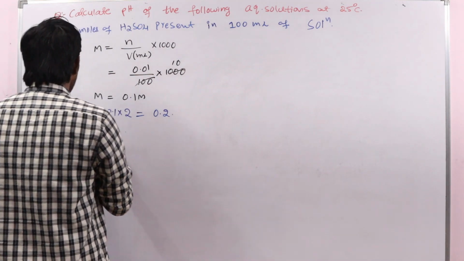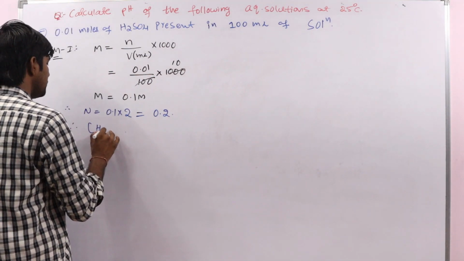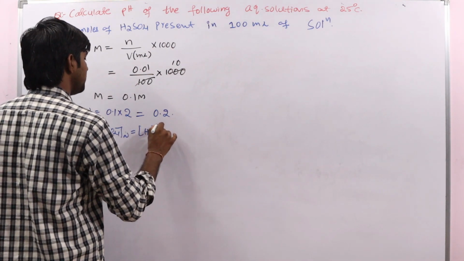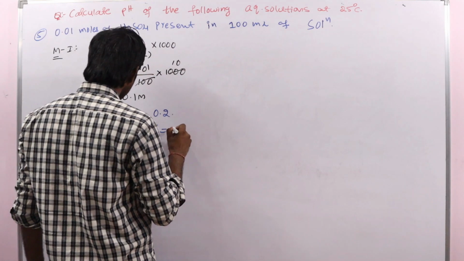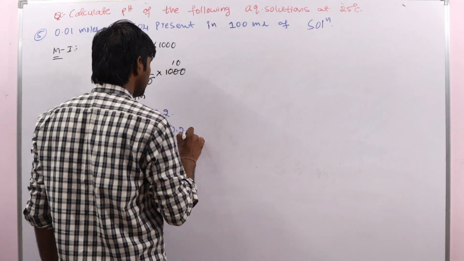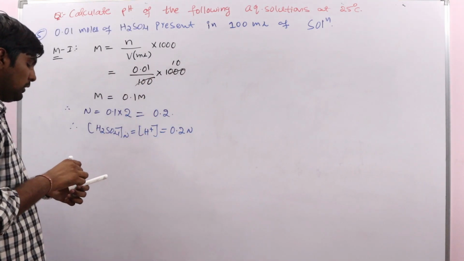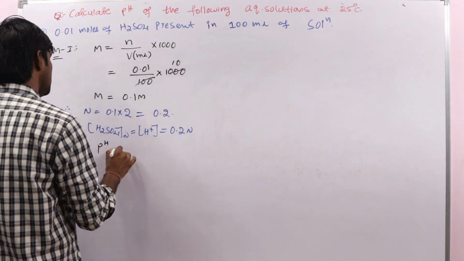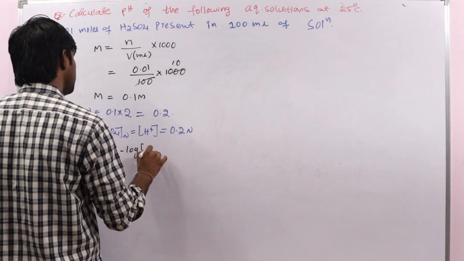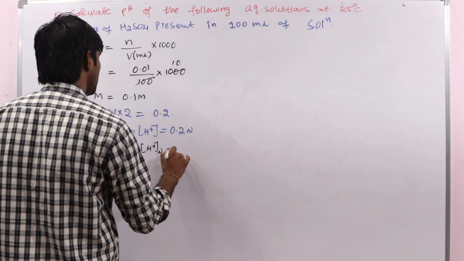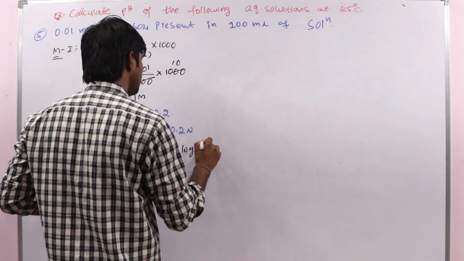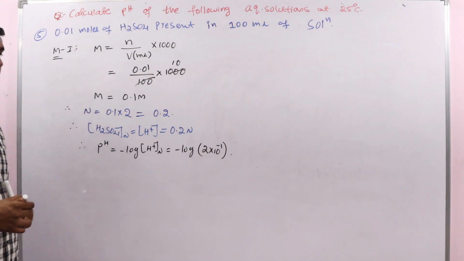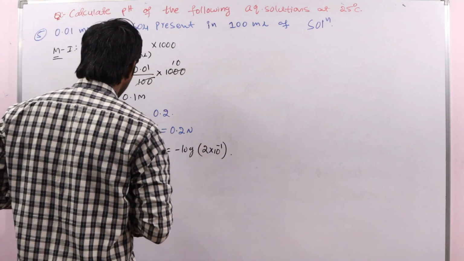Therefore the concentration of H2SO4 in normality is equal to the concentration of H plus ion, that is 0.2 normal. Now pH is equal to minus log of H plus ion concentration, so that is minus log of 0.2, which we can write as 2 into 10 power minus 1.